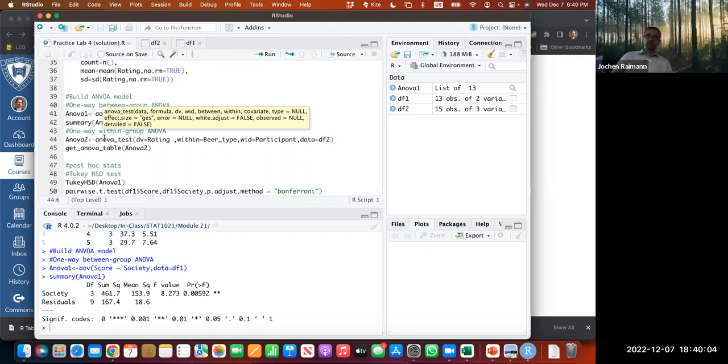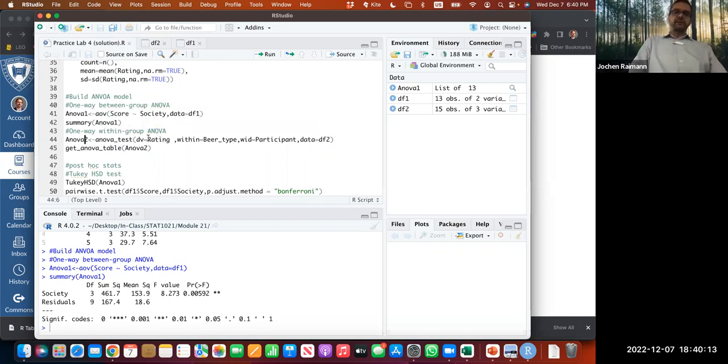With the within groups ANOVA, it's still simple, but it's important to keep in mind that you understand what you need to enter to get to a successful within groups ANOVA. This is where the R package rstatix comes into play, because that allows you to use an anova test function, which allows you to do a within groups ANOVA.